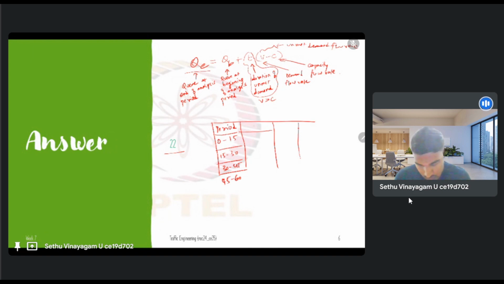Then we need to look at what is V, what is C, what was the Q at the beginning, and what is the Q at the end for each of these periods.